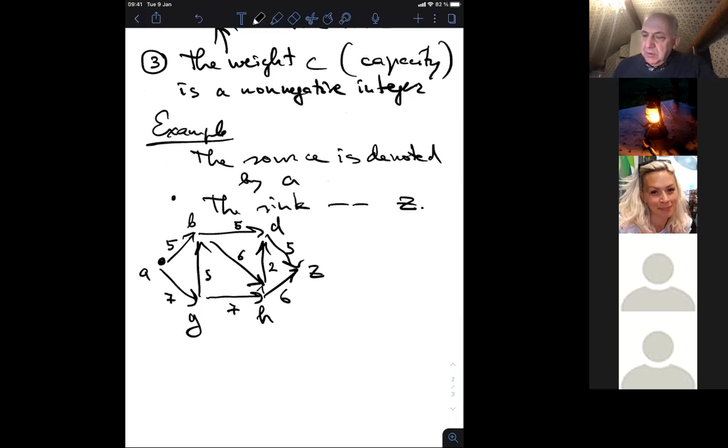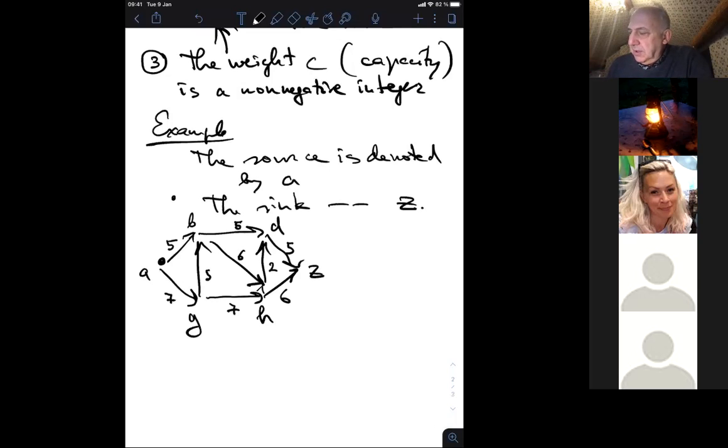These are usually used as models of communication channels, or in logistics situations, and the capacities usually mean some limited resource. It could be the width of the road, how many cars can pass a certain road, and so on.